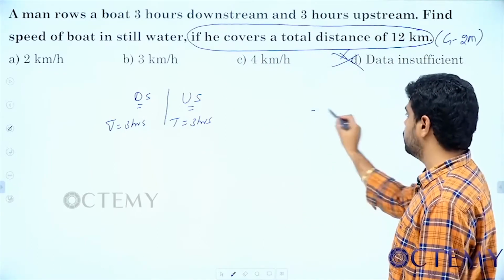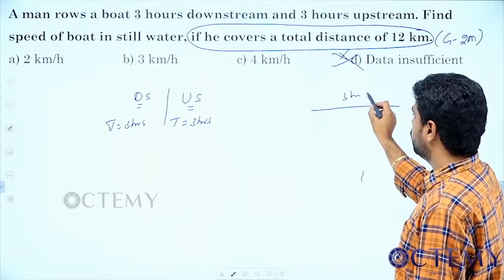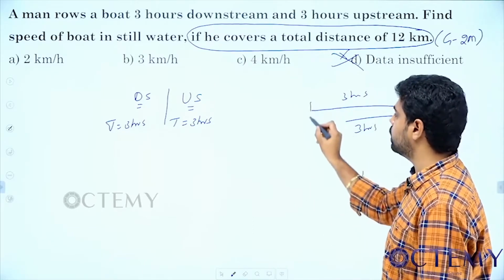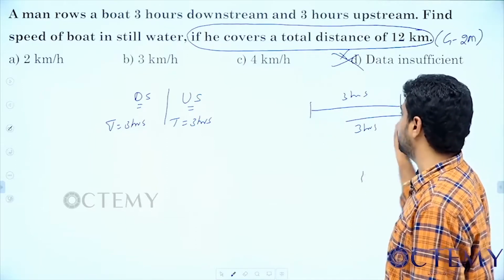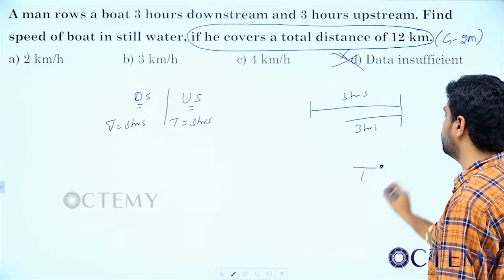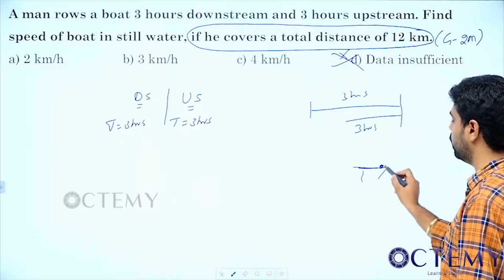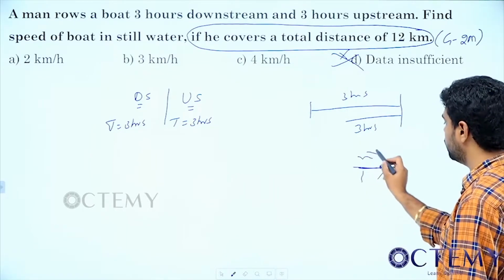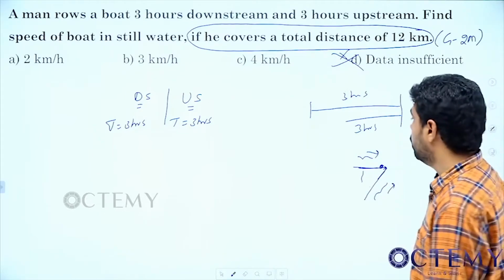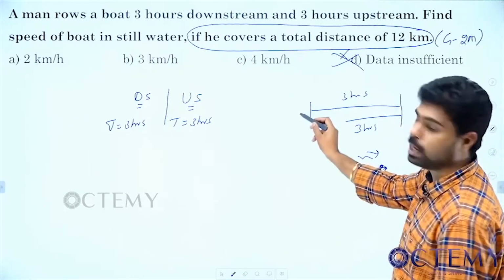He is going 3 hours and coming 3 hours, but we cannot say that he is coming back to the same point. He might go somewhere else. There might be a joining point, with 2 or 3 rivers coming, and he might go like this, and this river is flowing like this, and this river is flowing like this. So we cannot say that he is going and coming back.